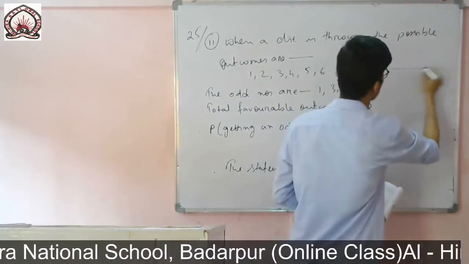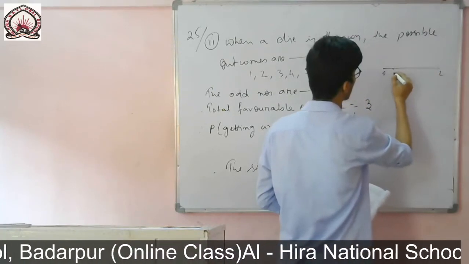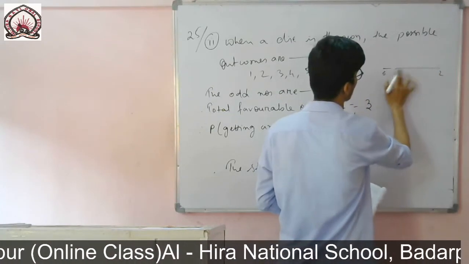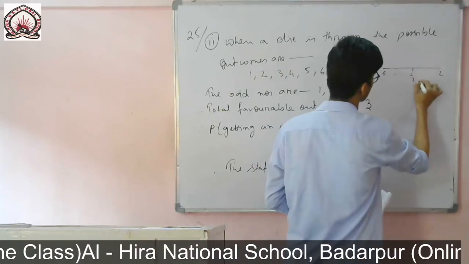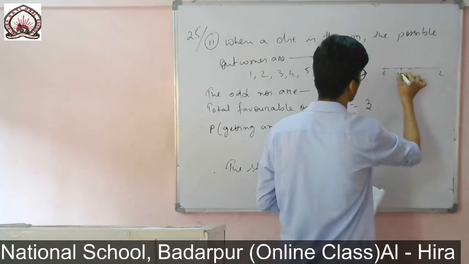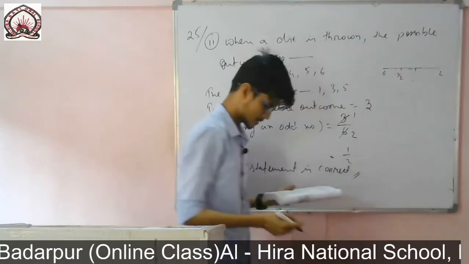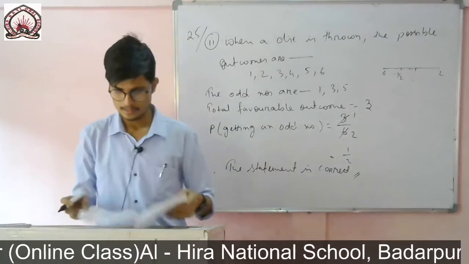If I draw a number line starting from 0 to 2, then in the middle I'll get 1 half, then 1, then 2 will come. So the interval is given like this.